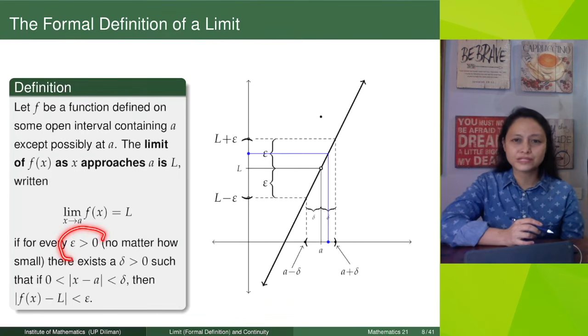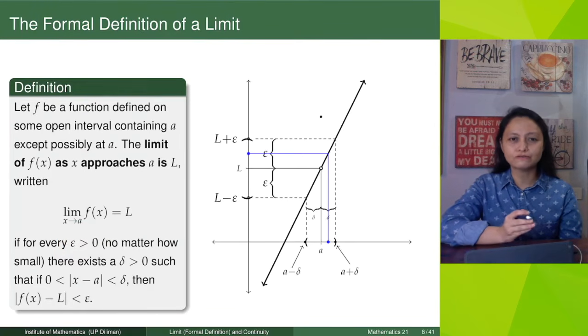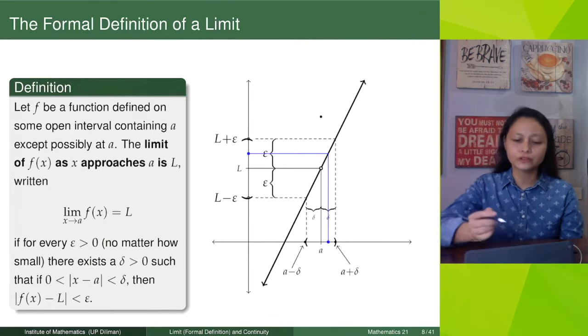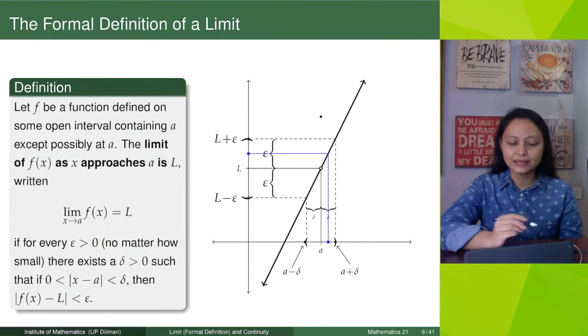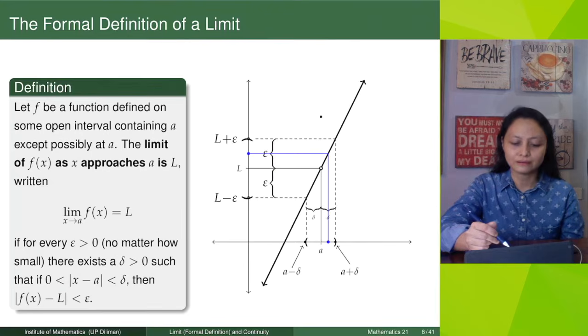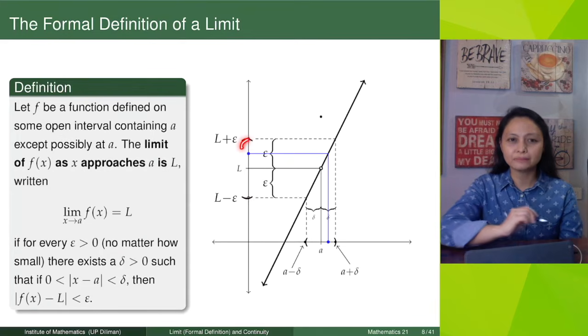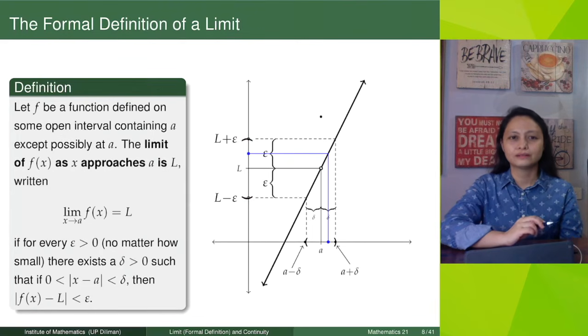First, for every epsilon greater than 0, so if we choose an epsilon, no matter how small, say this is epsilon, this distance is epsilon, let's consider epsilon units from L. So let's consider this interval from L minus epsilon to L plus epsilon.